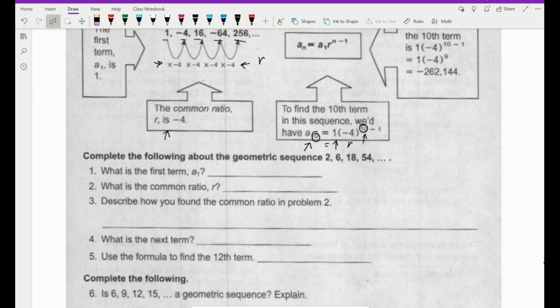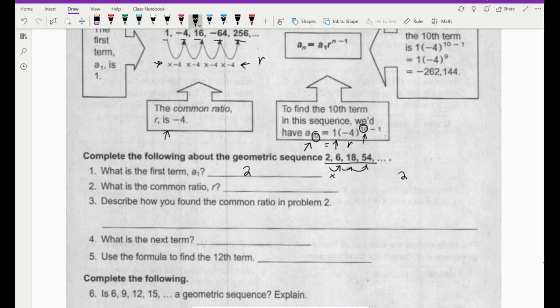What is the first term for this geometric sequence here? 2, 6, 18, 54. Well, the first term is the number 2. What is the common ratio? What are we multiplying by each time to get to the next number? We're multiplying by 3. And let's say we didn't know that.